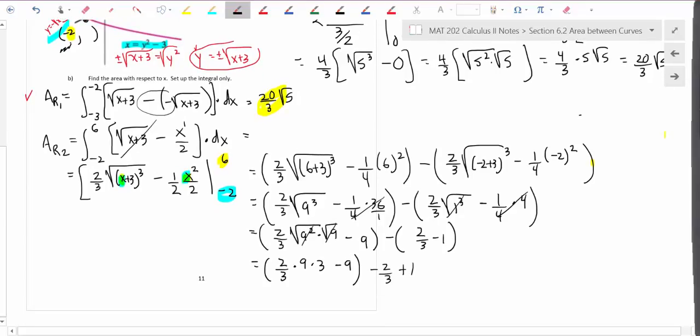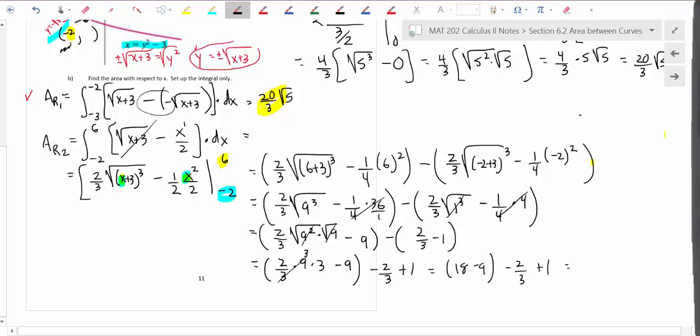So let's see, 9 over 3 is 3, so this is 3 times 3. 9 times 2 is 18, so we have 18 minus 9, minus 2/3 plus 1.